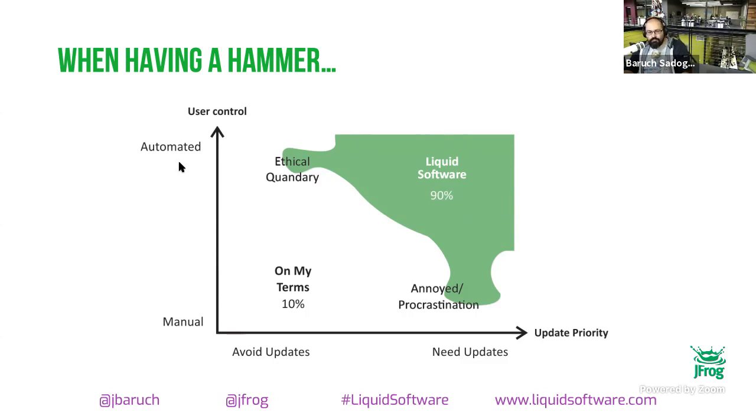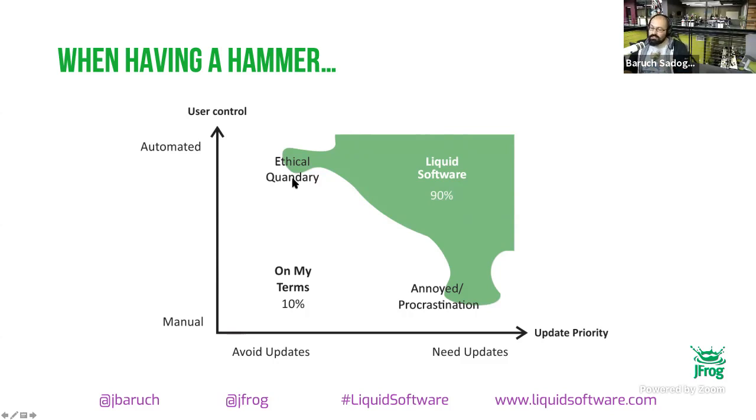So in those minority scenarios, when the updates are not automated enough and you don't really need them, there is nothing to do with continuous updates. When the updates can be automated and they are not critical, you might decide whether it's ethical and right to apply this.